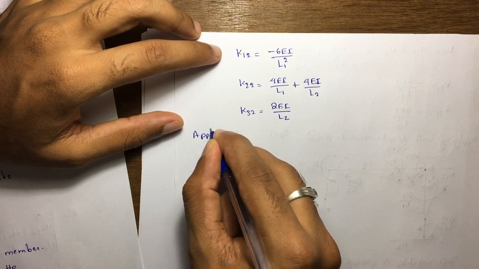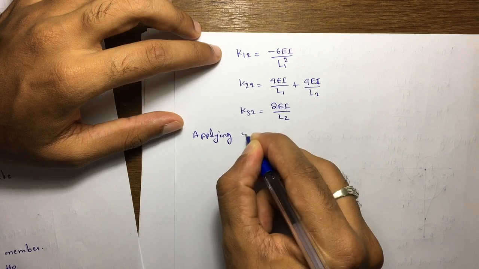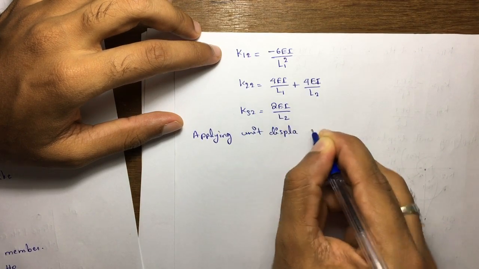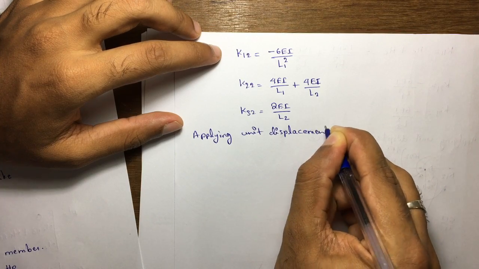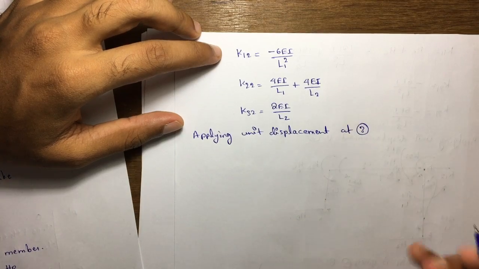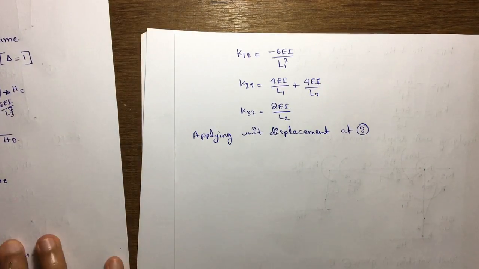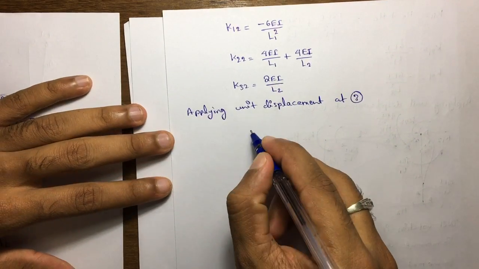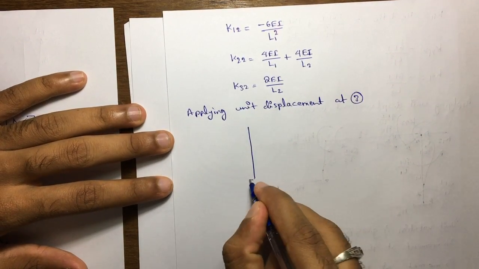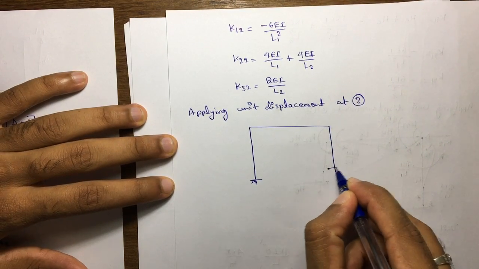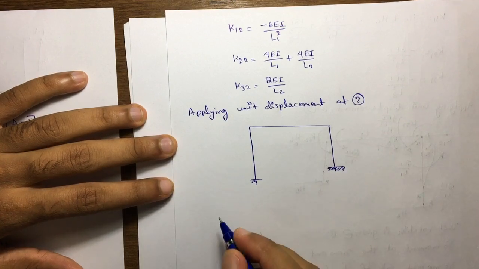Let us take applying unit displacement at coordinate 3. So let us draw that diagram. So this is my first beam, third beam.